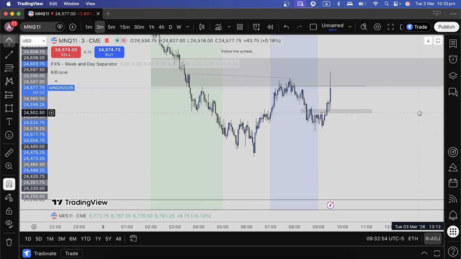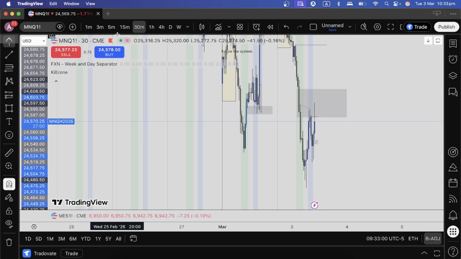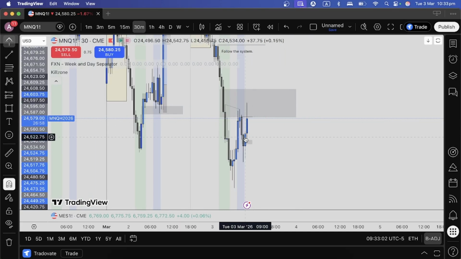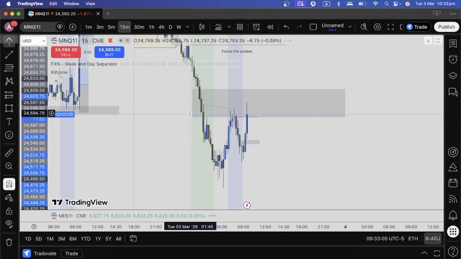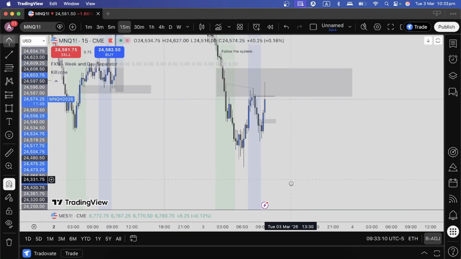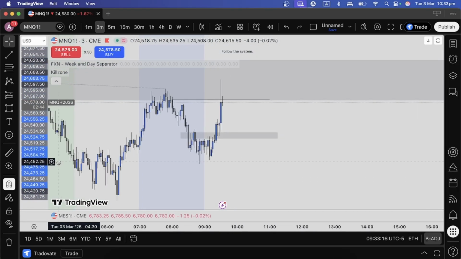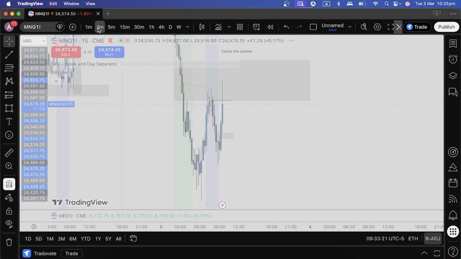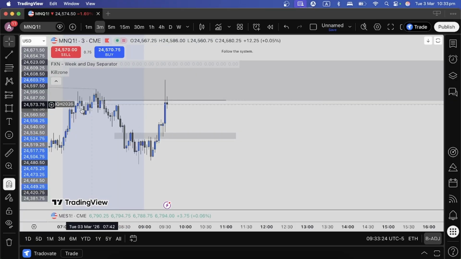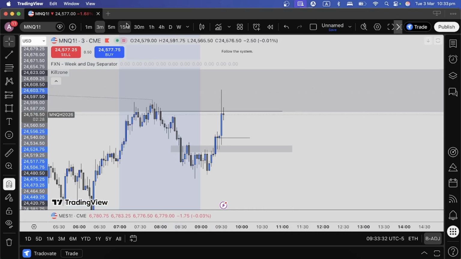So there is an SMT. 30-minute fair value gap still respected, sort of, because it's not closed yet. 15-minute, because of this, it is starting to show a bit more bullish signs. So I don't know. If we can get a 3-minute change in the state, then that is a valid model, I guess.